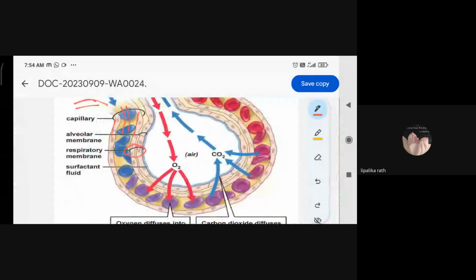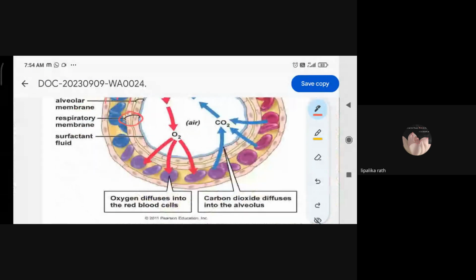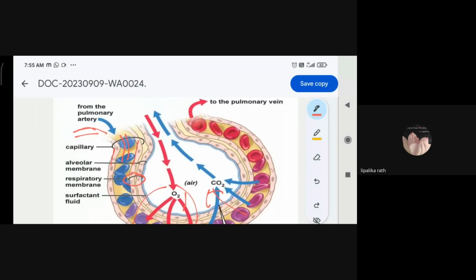You can see oxygen here in this portion. Oxygen is getting diffused into the red blood cell, and carbon dioxide is diffused into the alveoli. This is happening throughout the alveoli, and by the time the blood is leaving the alveoli portion, it is much more oxygenated than earlier.